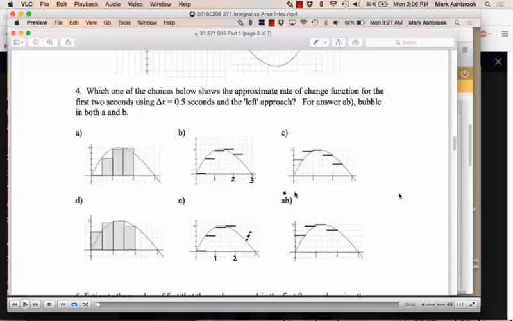So we would take the first constant rate, which would be f of 0, times 0.5, and this would be our rate times change in x, and that will give us the little change for that first interval. And then we take the next rate, which would be f of 0.5 times 0.5.